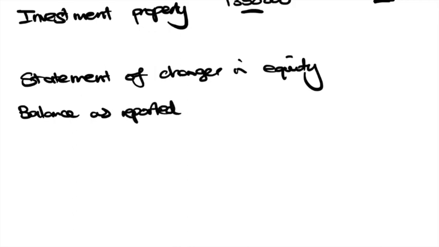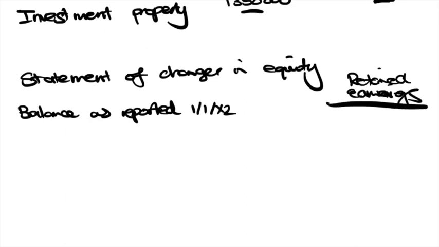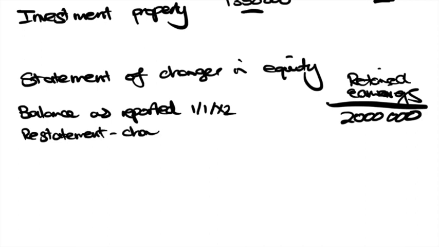The comparative period is X2, so it would be the first of the first X2, and I'm just going to look at the retained earnings column. Our balance as previously reported, we were given a balance of 2 million. That was given in the required. Then we're going to have to do a restatement for our change in accounting policy.